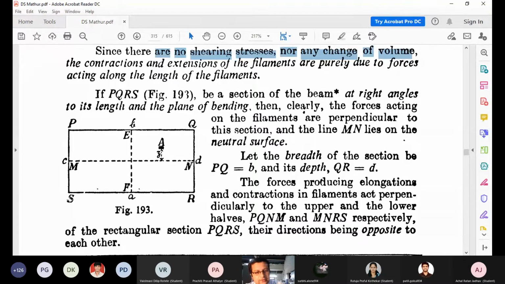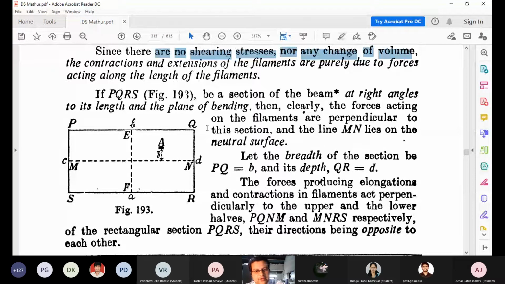So these forces produce elongations, and I'm just applying those forces. You have elongation on the upper portion or the upper face, and the contraction is produced on the lower half, and that is what is designated here as PQNM and MNRS over there. So hope you understand this figure.